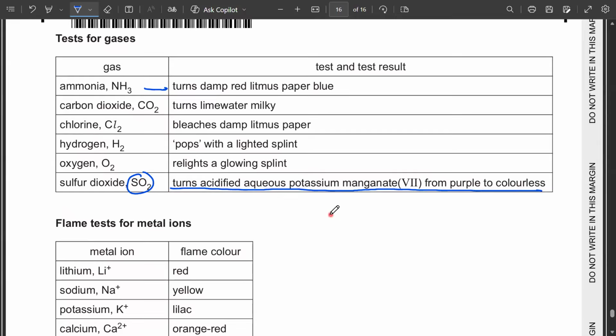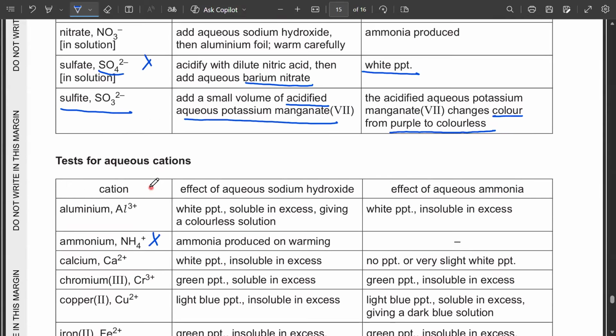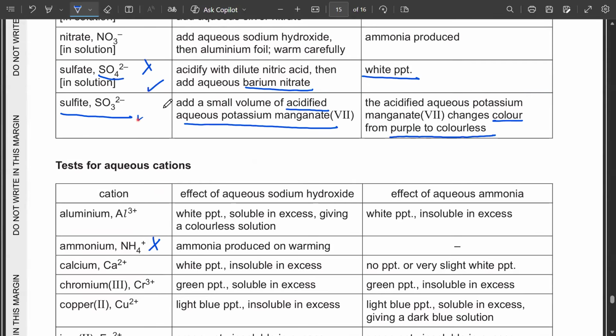Now here you will do this critically. You will give the answer critically. One thing that you must understand is that SO2 gas is basically produced by both of these ions, sulfate ion as well as sulfite ion. Both these ions are able to produce the sulfur dioxide gas. So sulfur dioxide gas is produced when either one of these two ions is reacted with the acidified potassium manganate.